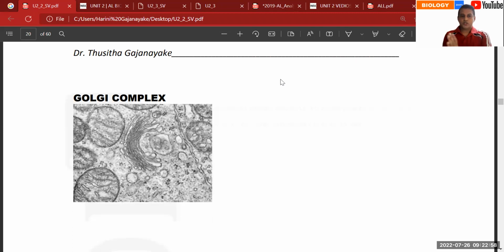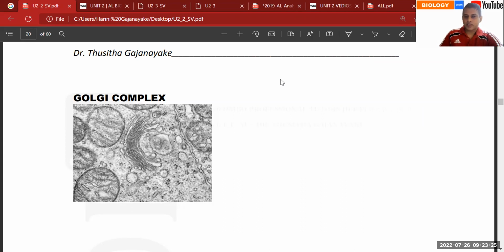So we should also keep in mind that we should improve our writing skills a little bit. No one is perfect in writing because it's not the main focus in our learning. We learn the facts and figures, some information, scientific theories, but we can improve with time when we have the questions, right? Okay, Golgi complex.